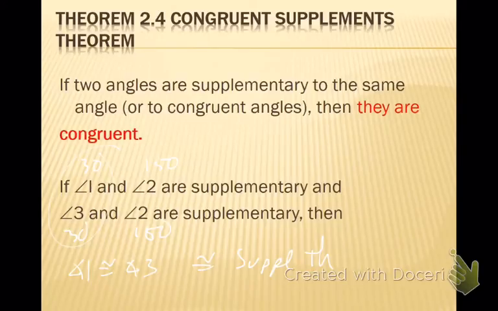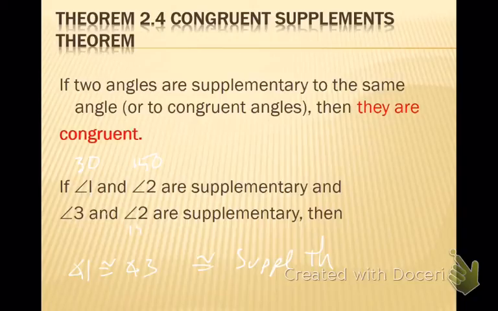And there's why, right? So I want to walk you through it a little bit here. Just the proof, and it's not going to be a formal proof, but we can do this. If I know that angle 1 and angle 3 are both supplementary to angle 2, and let's say I measure angle 1, it's 30 degrees. And how big does angle 2 have to be? Since they're supplements, it's got to be 150 degrees.